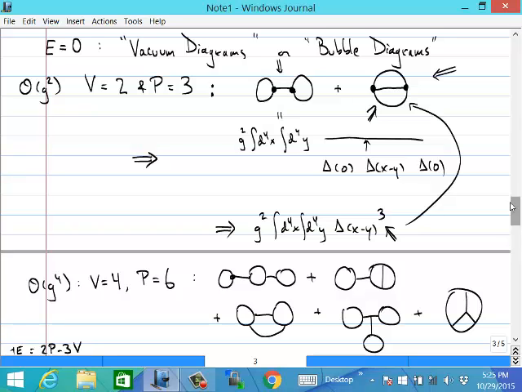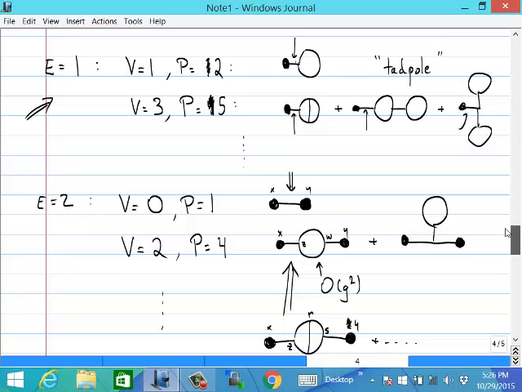It's not entirely obvious at this point, but it'll be clear next class that you can sum up this infinite set of vacuum diagrams and interpret that as an overall shift in the ground state energy. And similarly, you can sum up all of these one-point diagrams and interpret that as a total shift in the vacuum expectation value of phi.